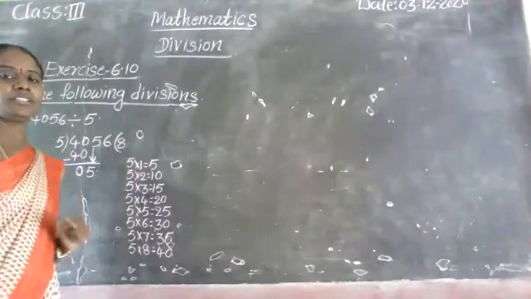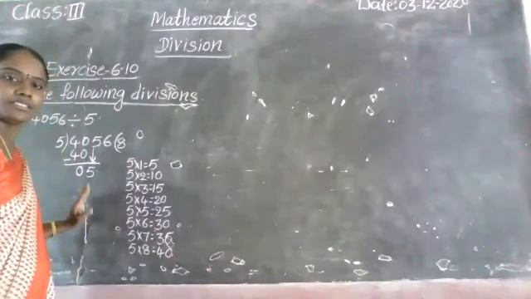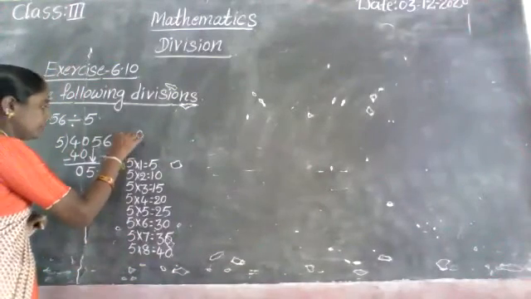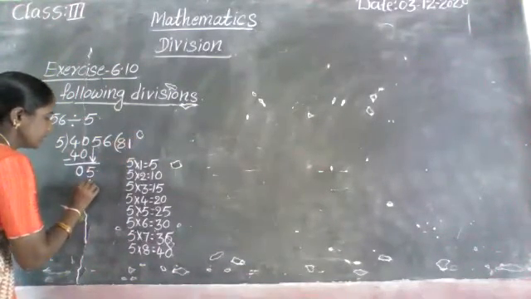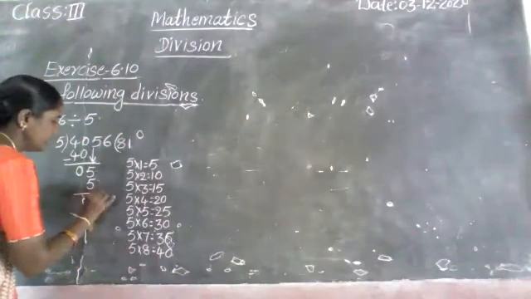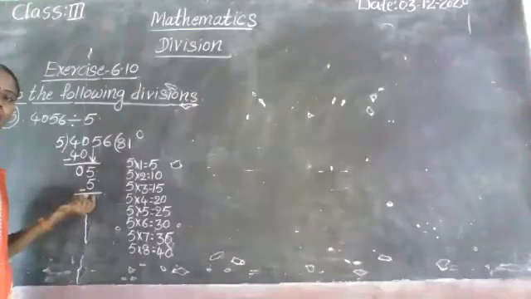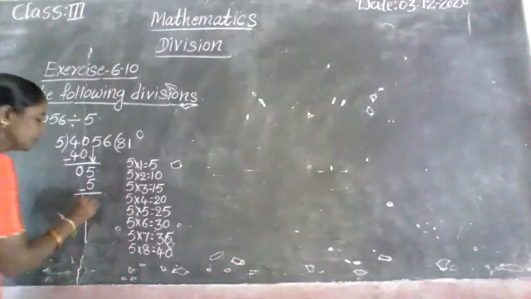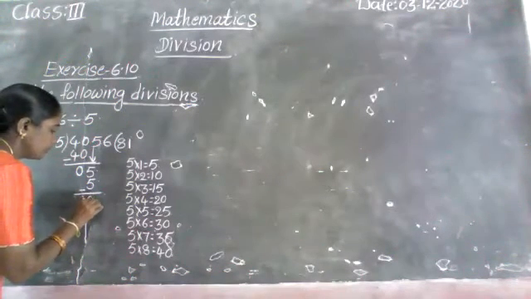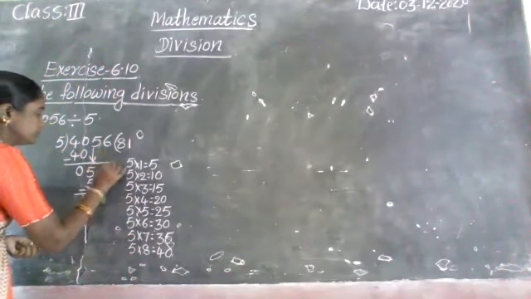Yes, 1. Very good, Maheshwaram Bharat. Write 1 in the quotient place and 5 below the dividend. Next, 5 minus 5 is 0. Write 0.